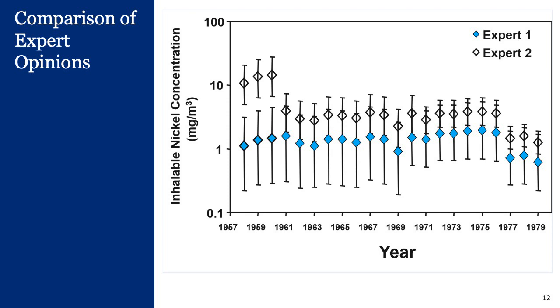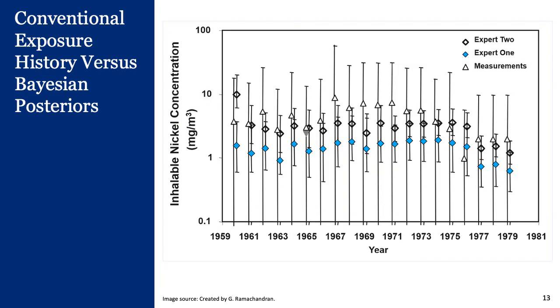So now we come to this graph, and what I'm showing here is again on the horizontal axis the years from 1959 to 79. On the vertical axis, we have the inhalable nickel concentration in units of milligrams per cubic meter. But what I'm showing here for each year are three different things. The triangles are showing the exposure estimate if we just use the limited data.